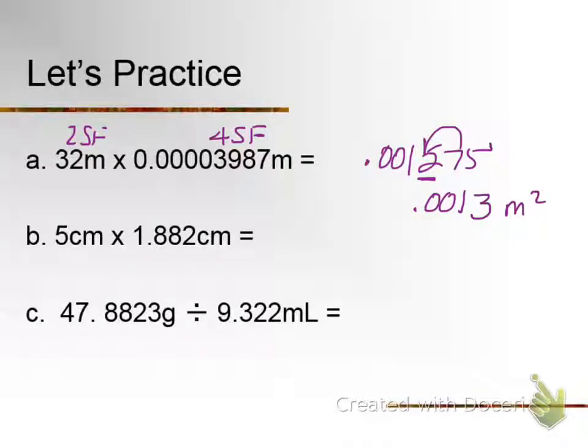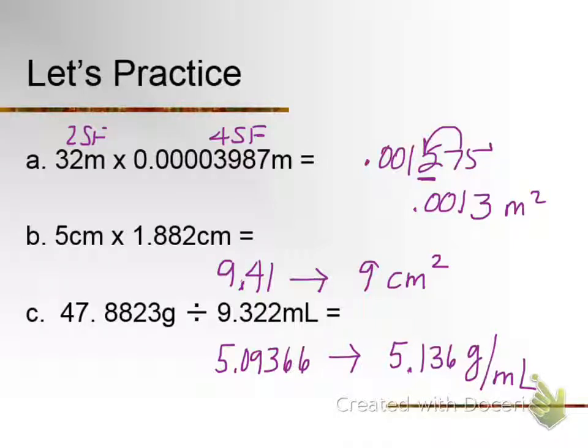If you don't, grab one of mine. Okay, so did everybody get 9 centimeters cubed and 5.136 when you did it in the right significant figures?